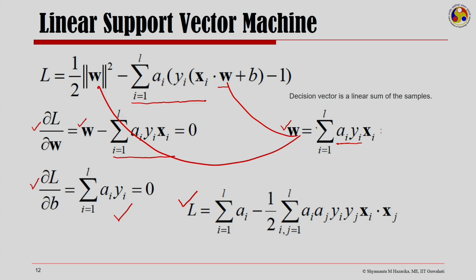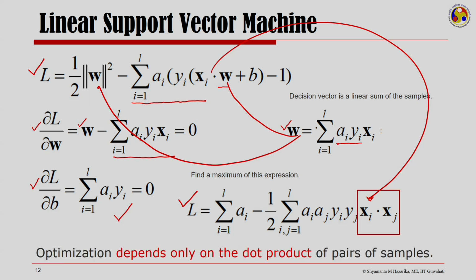So, plugging in w into this L will finally end up giving us this equation for L here. That is what we will arrive at. So, finally, we have to find a maximum of this expression in order to get the maximum width for the boundaries.